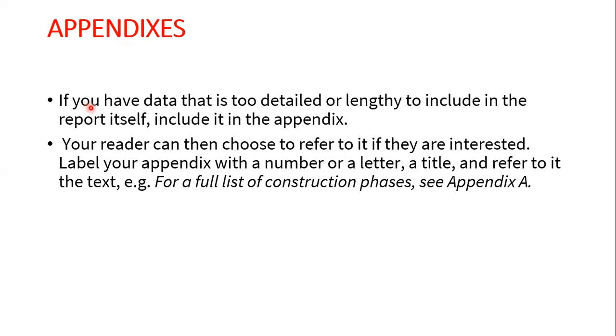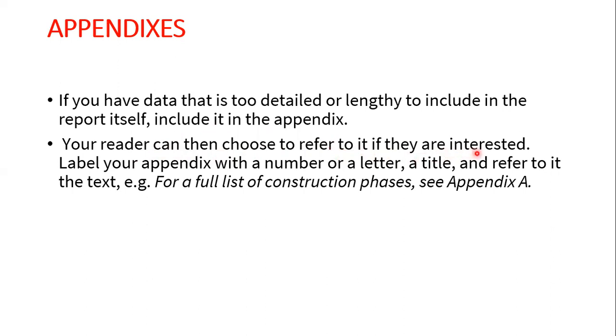If you have data that is too detailed or lengthy to include in the report itself, include it in the appendixes. If you have too many details and data which are not likely to be part of the report or can create confusion, then attach it separately. Your reader can then choose to refer to it if they are interested.